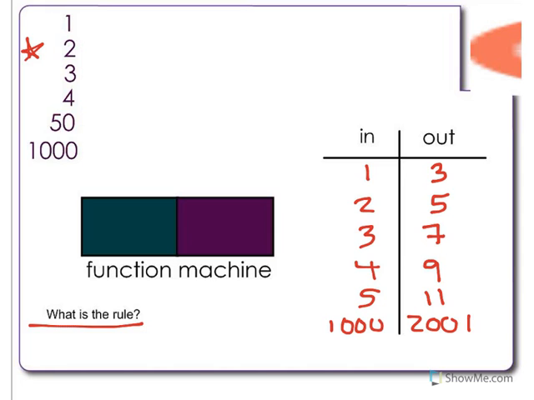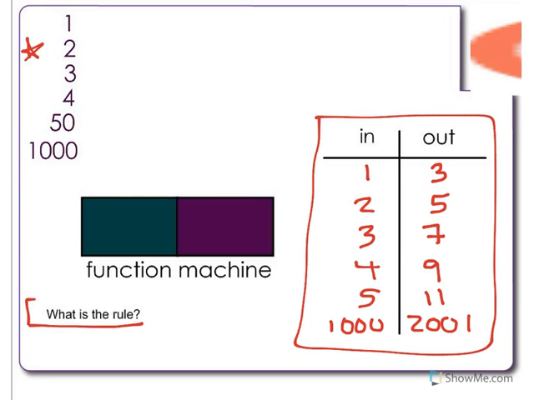So here your textbook or the question gave us our inputs and outputs. They gave us the function. I want to know what the rule of the function is, or what is the relationship between my domain and my range. So you have to kind of look for a pattern.